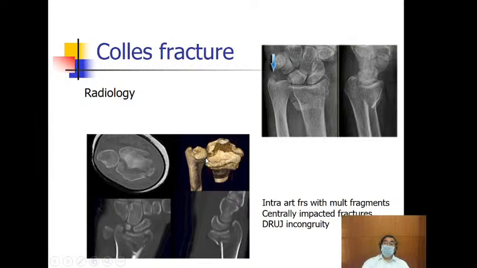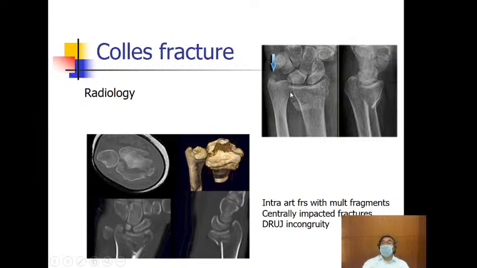So when do you indicate CT scan? The indication for CT is whenever you have intra-articular fractures with multiple fragments. When there are multiple fragments, you should know where all the fragments are lying. Unless you know the fragments' location, it will be very, very difficult for you to reconstruct the wrist joint. And if there is any centrally impacted fracture like this, then you need to bring it up.